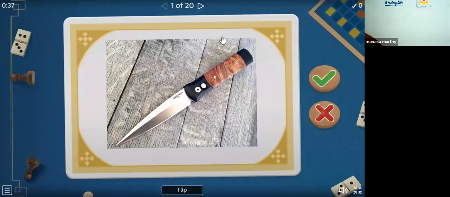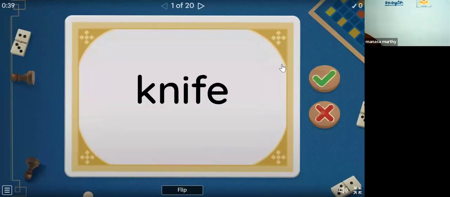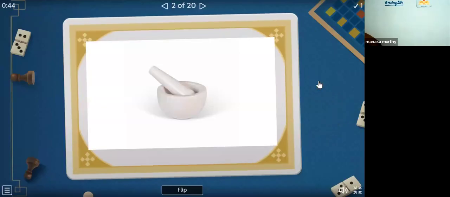Yes. What is this? Everyone would have told. Knife. Correct. Easy one to start with. What is this? What do we call it in English?